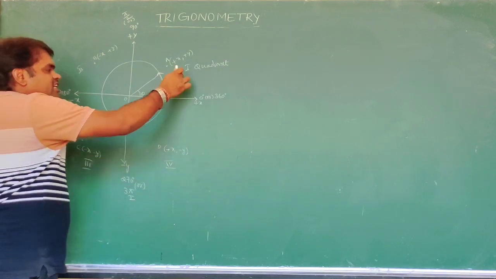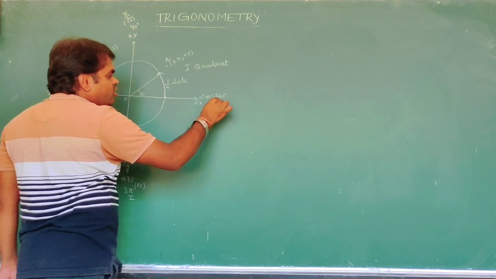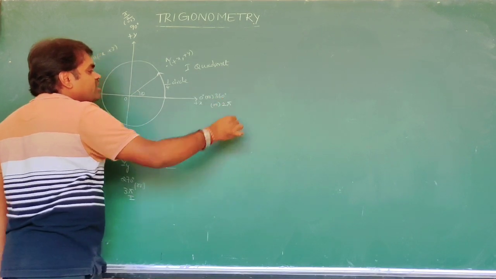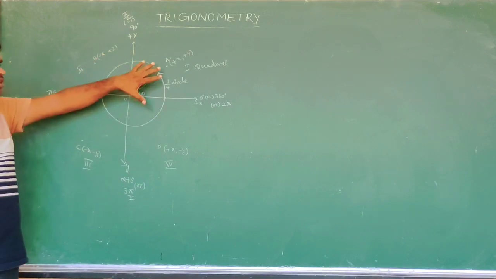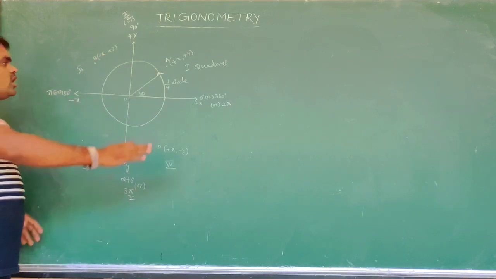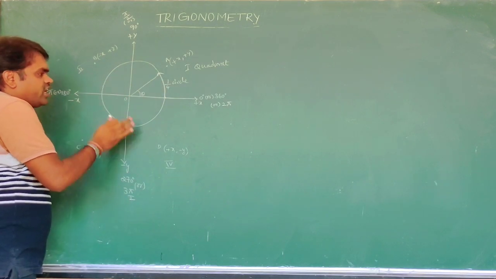We can add again, it comes to 360 degree or 0 degree, which we denote as 2 pi radian. This is for the 4 quadrants: the first quadrant, second quadrant, third quadrant, and the fourth quadrant.